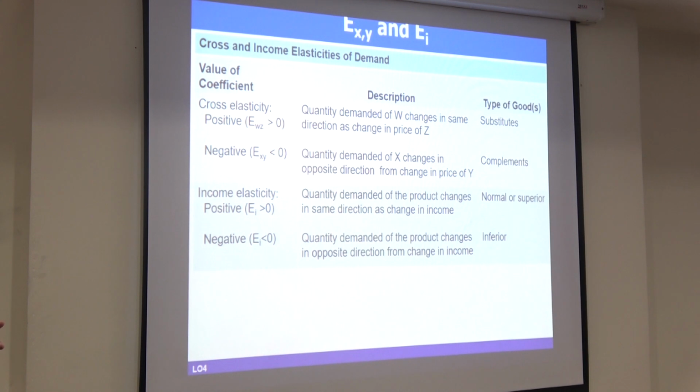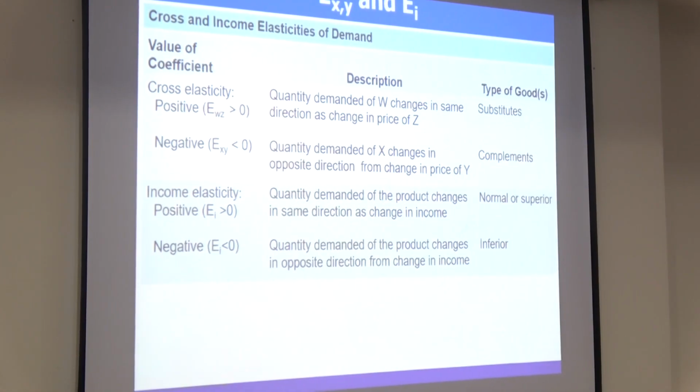Substitute goods will have a positive sign for the cross price elasticity of demand coefficient, while complementary goods will have a negative coefficient. And for income elasticity of demand, we will have a positive coefficient for normal goods, and we will have a negative coefficient for inferior goods.